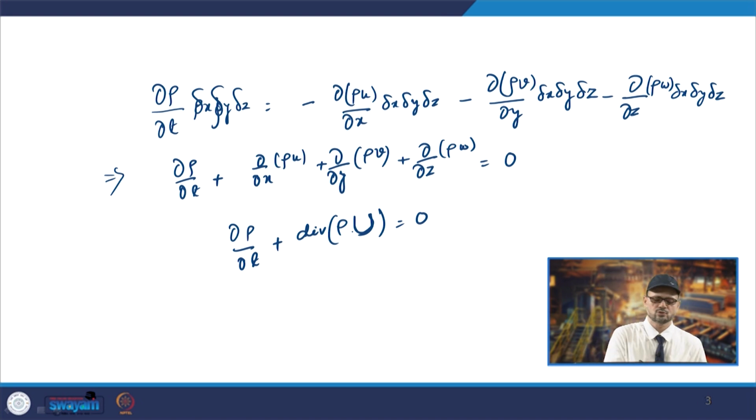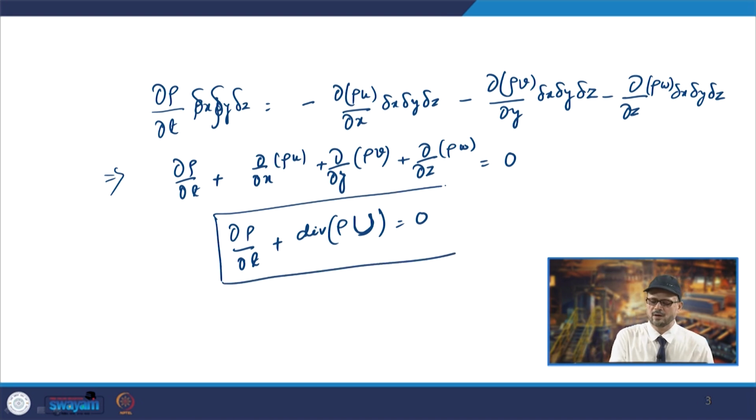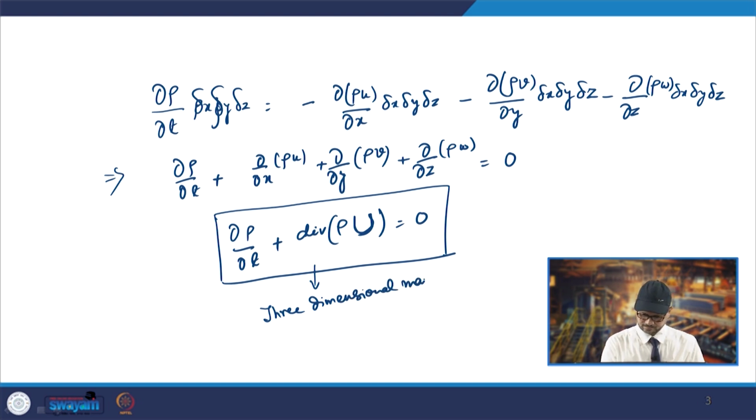This is also known as the mass conservation equation, the 3-dimensional mass conservation equation, or we can also call it the continuity equation. Normally that is generally defined for the compressible fluid.